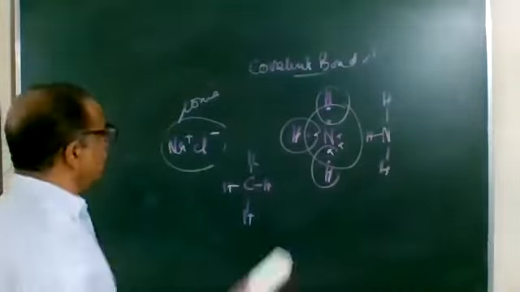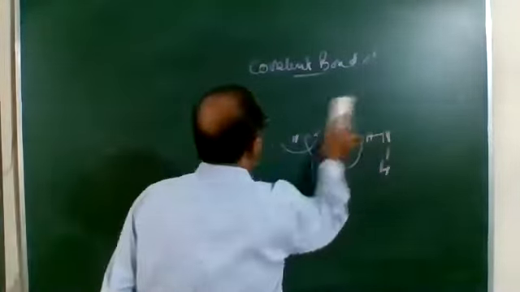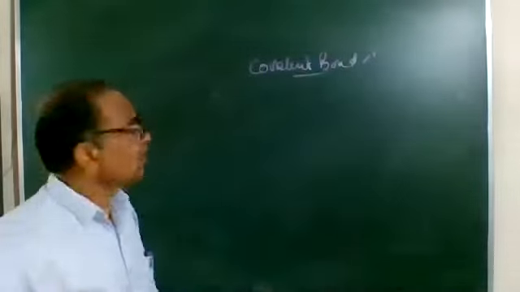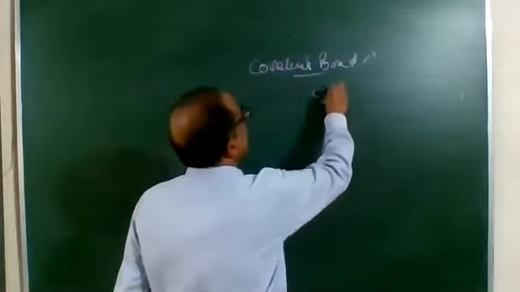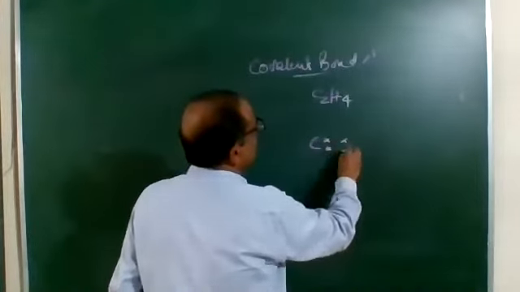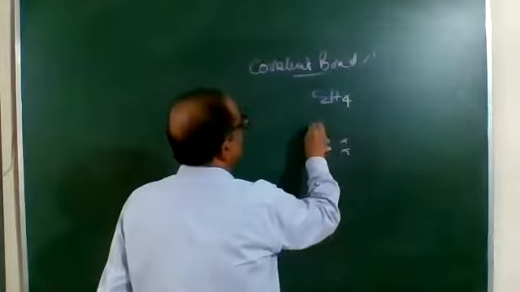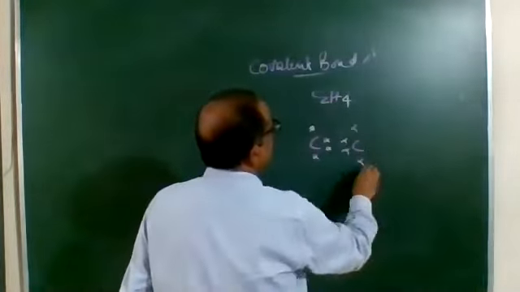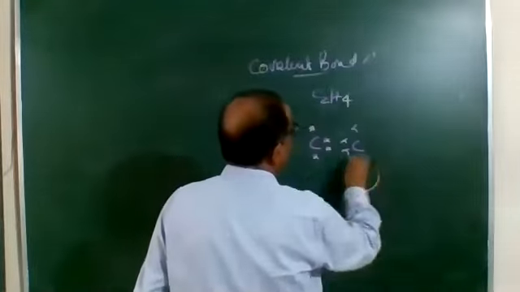I'll take one more example of a similar nature. Suppose ethylene, or ethene, in the study of carbon compounds, that is C2H4. Its structure: carbon has 4 electrons. It is sharing these electrons with hydrogen.